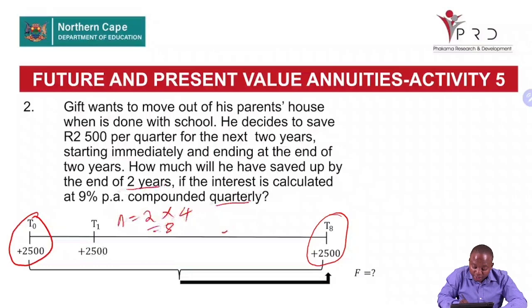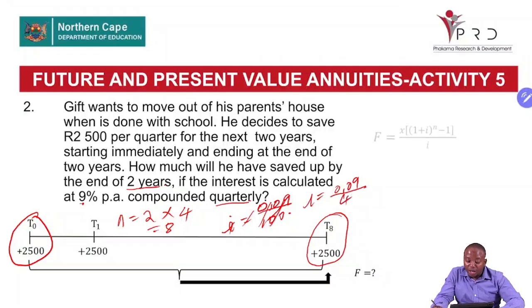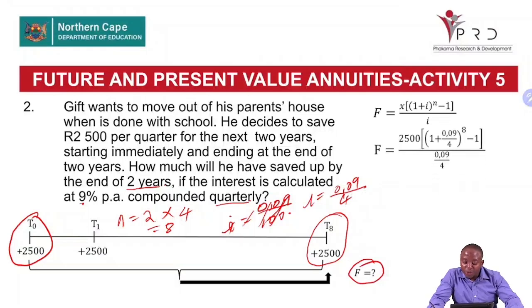Then our I, we're collecting the data. Our I is 0.09 because 9% divided by 100 is 0.09, divided by the compounding period, which is 4. Then we are looking for the future value. So what is the future value? We quote down the future value formula. We substitute into the formula to say F is equal to X, the amount that we paid per quarter, which is 2,500.